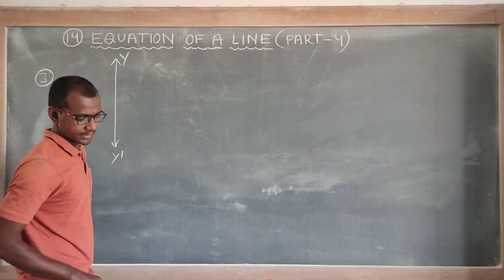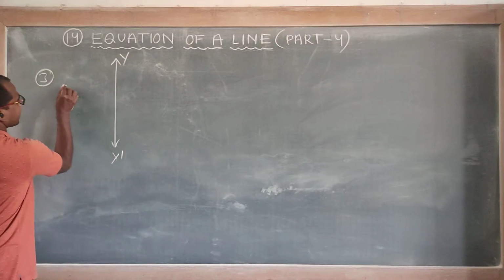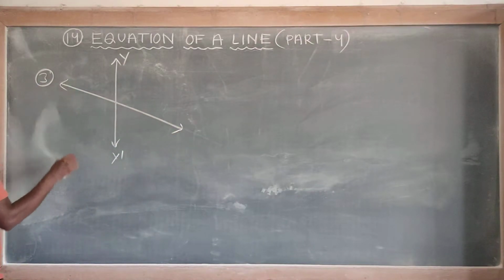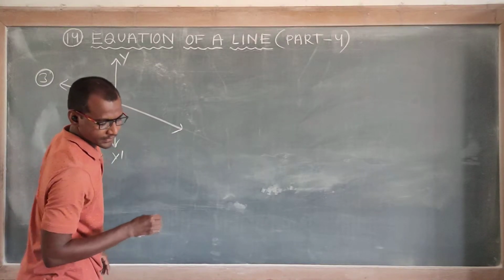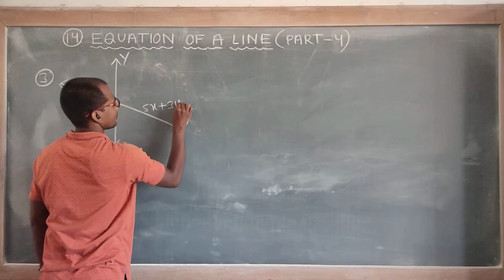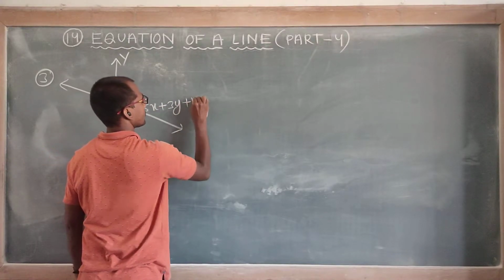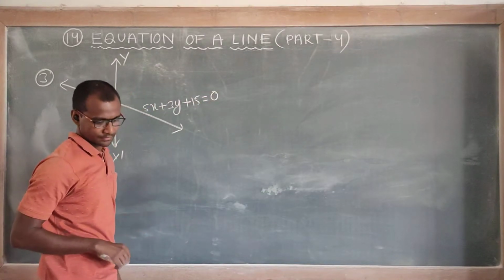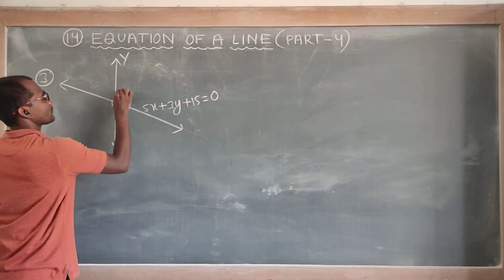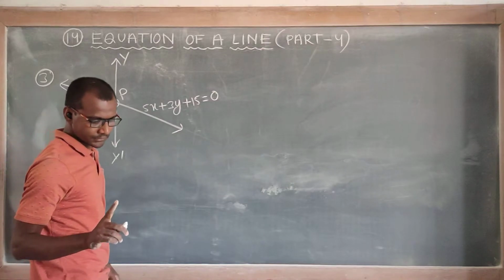So this is the y-axis. Suppose this is the line. This is the line whose equation is given, 5x plus 3y plus 15 is 0. Okay, and this is the point P.